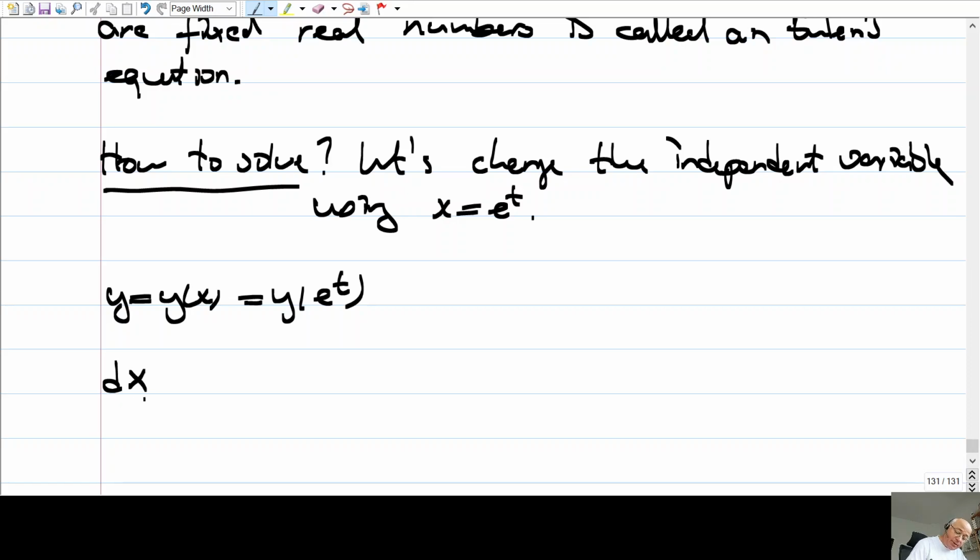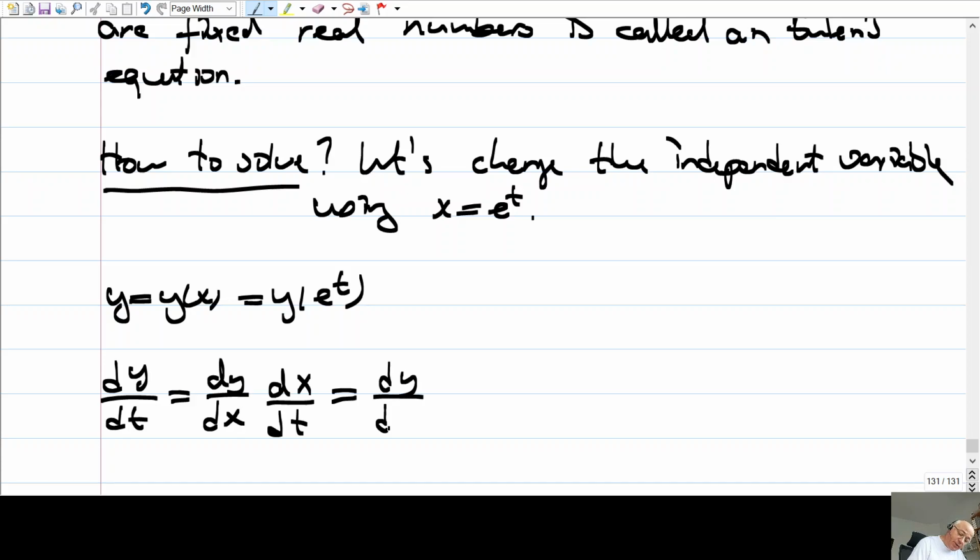You see, dy dt is just dy dx times dx dt. Dx dt is just e to the power t, right? And e to the power t is again x. So this is just x times dy dx. Okay.